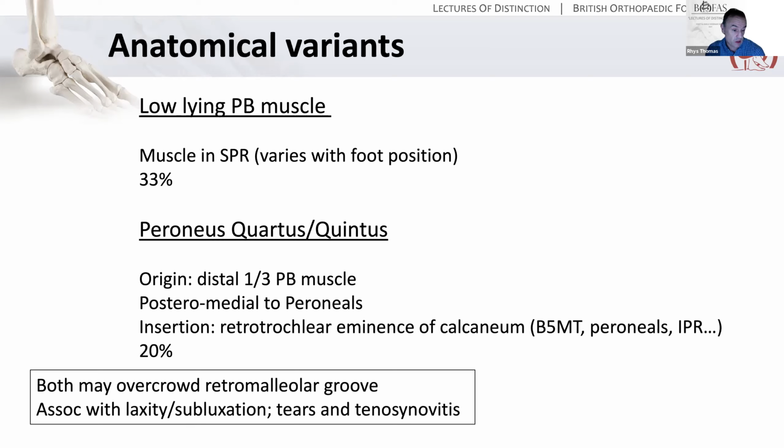These tend to occur in approximately one fifth of patients. So both these conditions may overcrowd the retromalleolar groove and can be associated with an increased incidence of laxity of the retinaculum with subluxation, and can also be associated with underlying tears and tenosynovitis in the main two peroneal tendons.